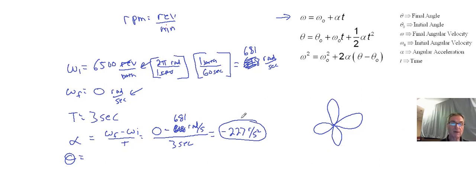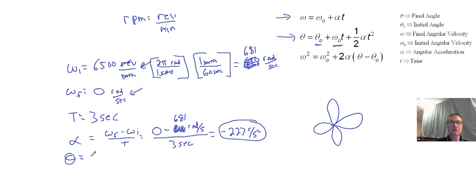It's a deceleration. Now, we would like to know the angle through which the blender went in slowing down from 6,500 RPMs to 0. If I want to know the angle, this would probably be my best bet right here. I know my initial velocity, I know my acceleration, I know my time, so I can figure that out. The angle, and we'll use the initial angle to be 0 because we can do that.